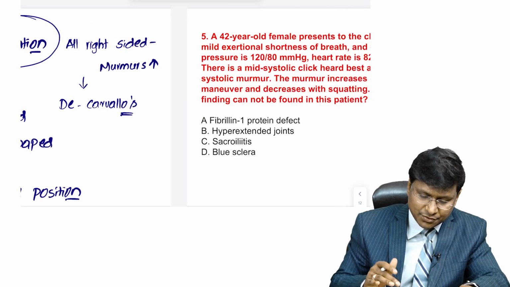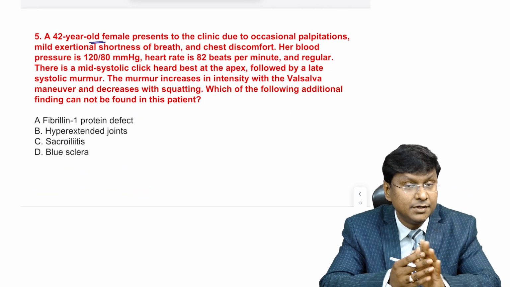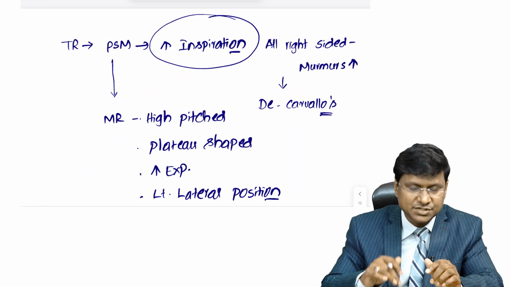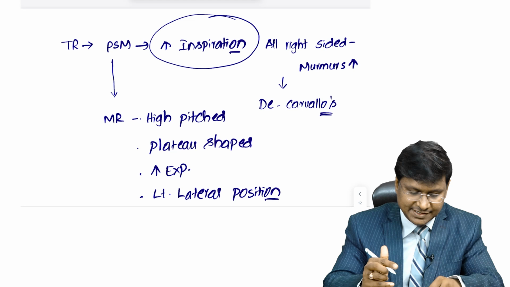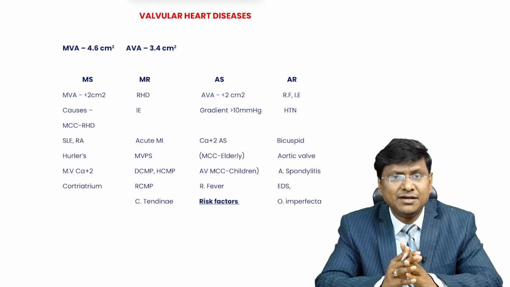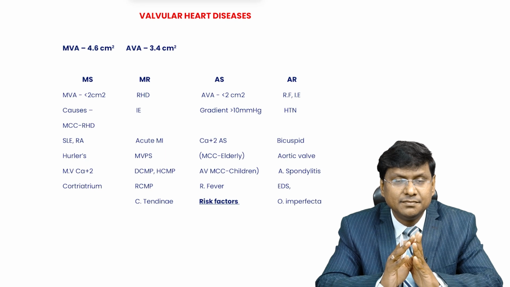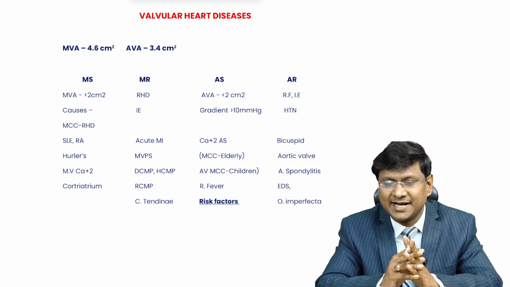Then, following that, you will see the next important question on the same valvular heart diseases. But before going on to this question, let me quickly discuss all the valvular heart diseases. This is the table or summary of all the important valvular heart diseases: MR, MS, AR, as well as AS.